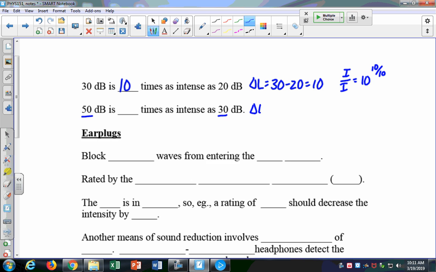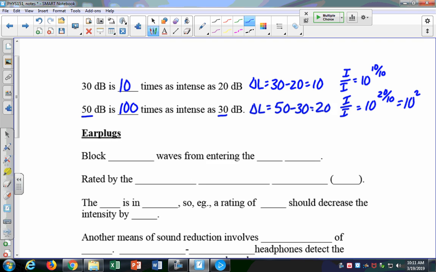In this case, my delta L is 50 minus 30, which is 20. And then the ratio of my intensities will be 10 to the 20 divided by 10, or 10 squared. So if I have an increase of 20 decibels, then my sound is how many times as intense? 100 times as intense.